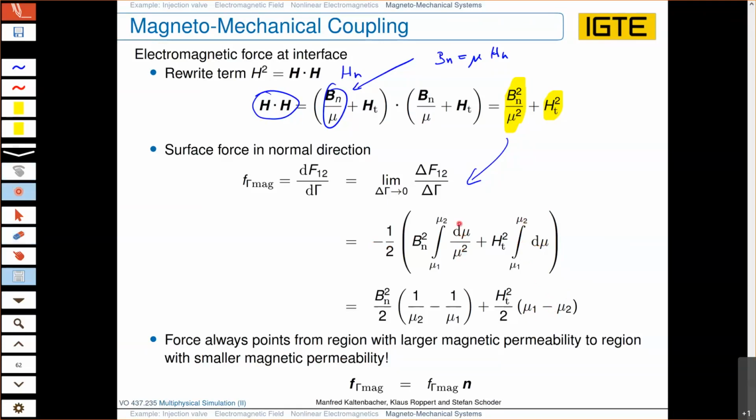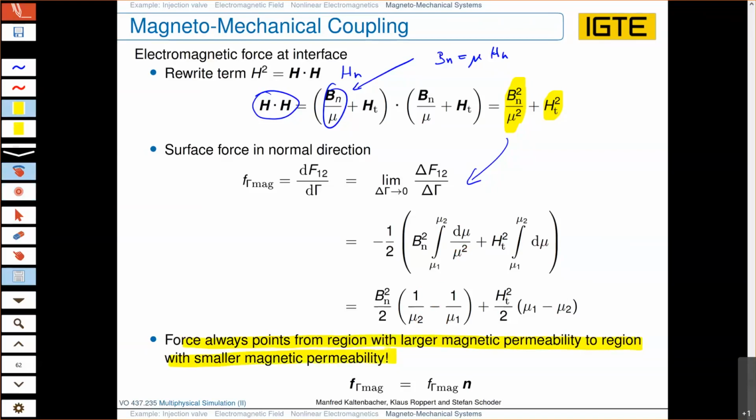The integration of 1 over mu squared gives minus 1 over mu. With this minus, it cancels out. And so we have to evaluate and get 1 over mu2 minus 1 over mu1. Yeah, and that is then also what we get out. We know physically, but we also get it out: the force always points from a region with larger magnetic permeability to a region with smaller magnetic permeability.